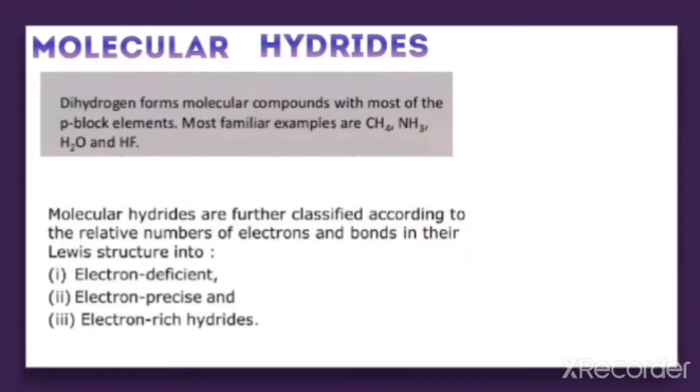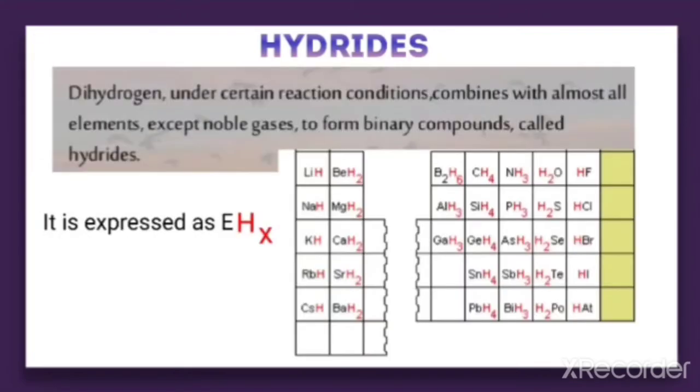When we look at the periodic table, as we have already made the periodic table with the hydrides, we can see that group 13 members usually form electron deficient hydrides. Group 14 members form electron precise hydrides. Groups 15, 16 and 17, these three groups, form which type of hydride?